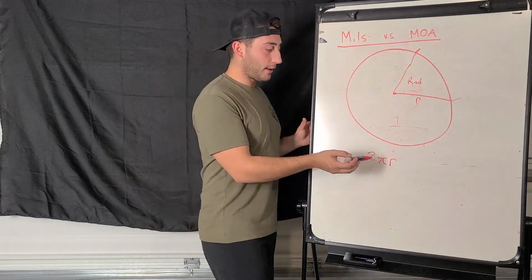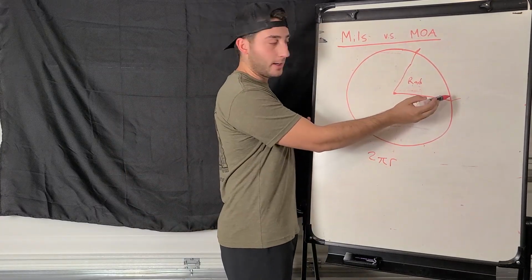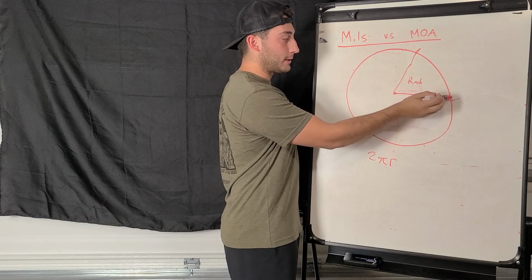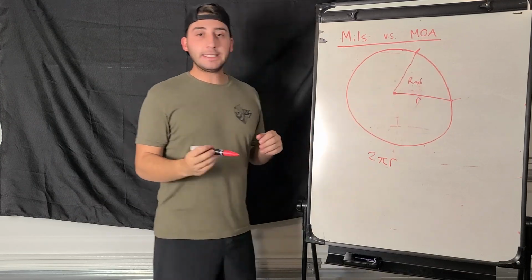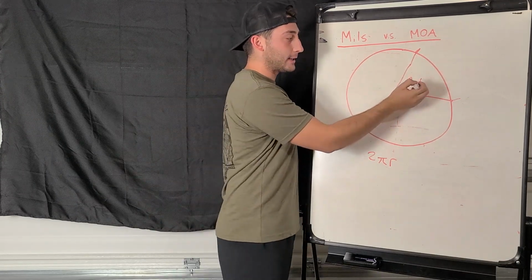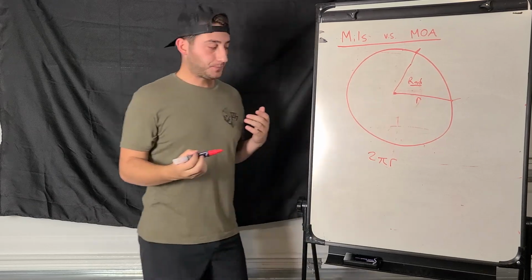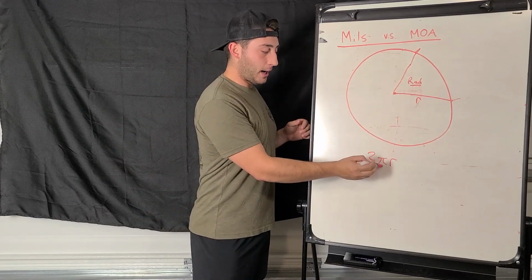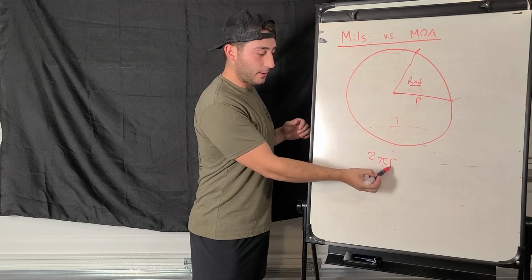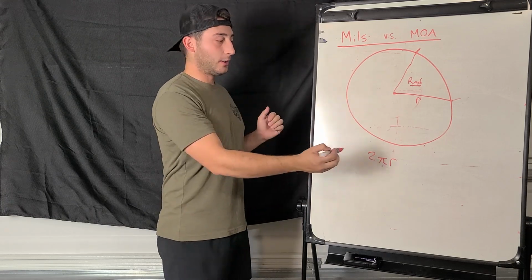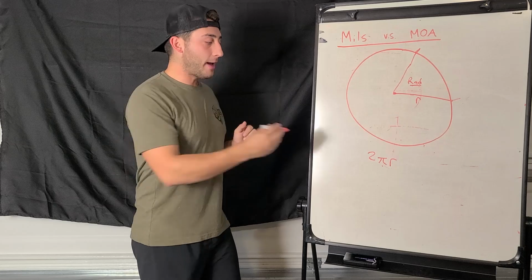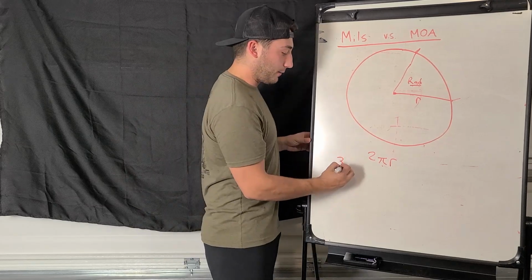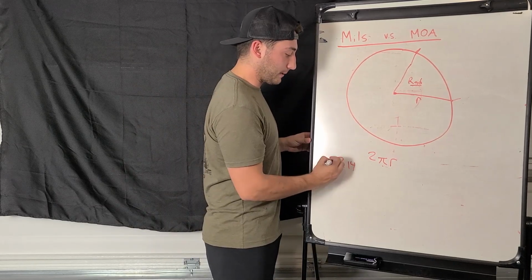So we know that the r is the radius, and the length of the radius along the circumference and then coming back creates a sector that's known as the radian, right? So that means there are 2 pi radians in a circle. And that's all based off of the mathematical constant pi, which is approximately 3.14.